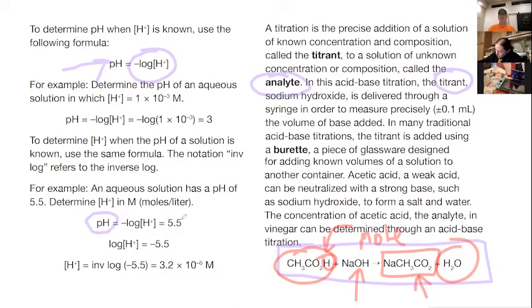So what's the mole ratio of acetic acid and sodium hydroxide here, based on that equation? The molar ratio between the acid, the acetic acid, and the sodium hydroxide, what's the molar ratio between them?